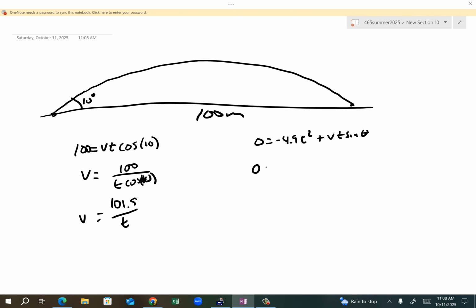So if I do it this way, I'm going to get negative 4.9 t squared plus 101.5 over t times t sine of 10, times the sine of 10.